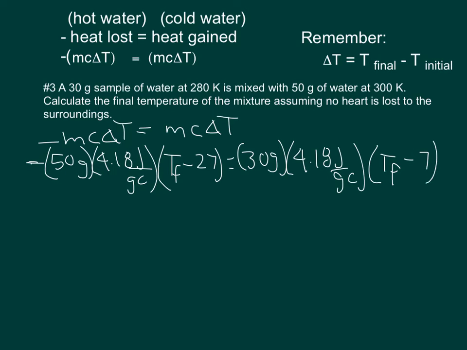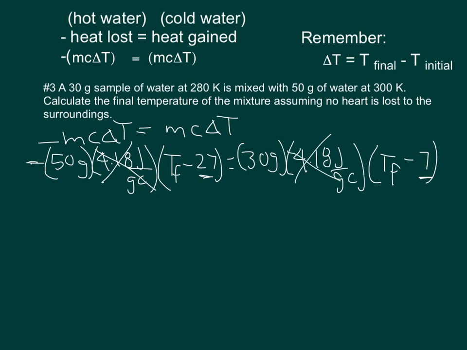Now you may be wondering where 27 and 7 came from. Well, because the C is in joules per gram degree Celsius, we have to calculate in Celsius. So I converted the Kelvin temperatures to Celsius. Alright, so now it just takes a matter of solving for TF. Now I'll just show you some easy math here. Since you have 4.18 on both sides, let's just cross it off.